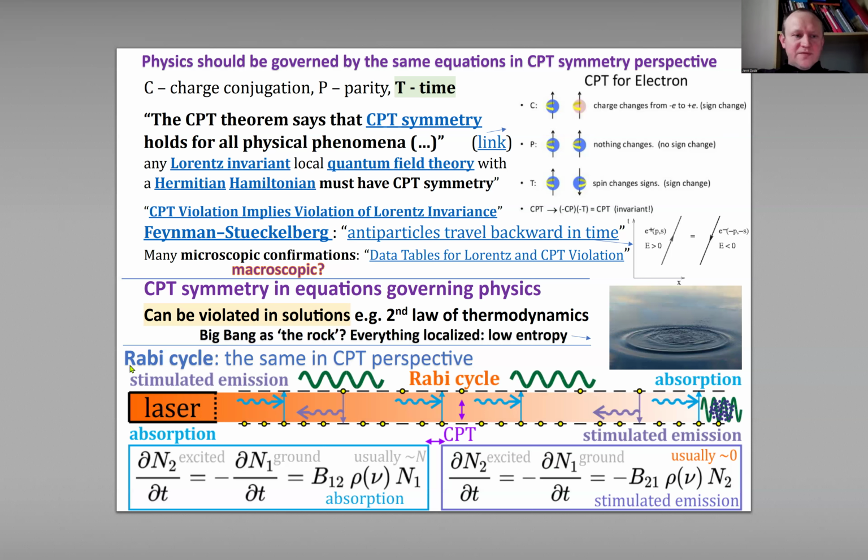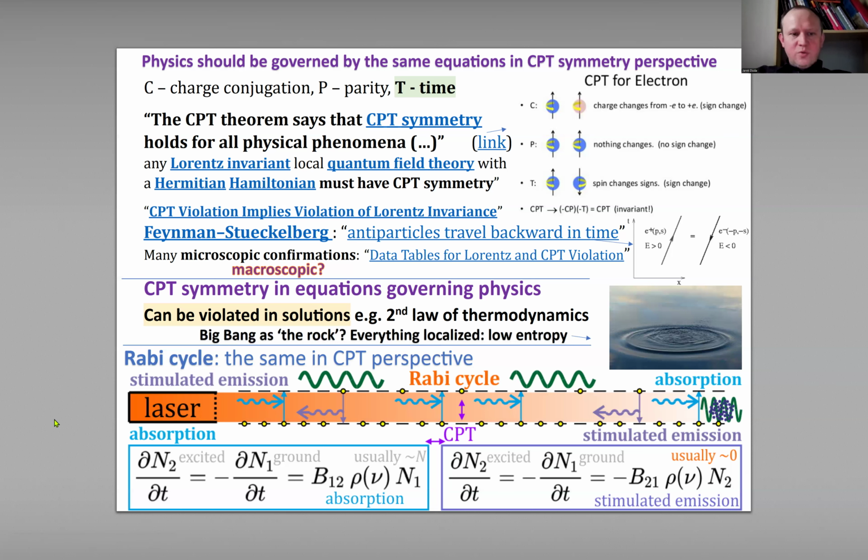Now let's think about the most CPT-symmetric process, I think, the Rabi cycle. We have a laser and some target, tiny resonators such as atoms, and they periodically exchange energy through two equations.